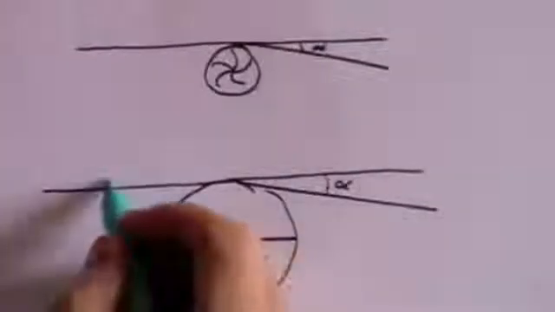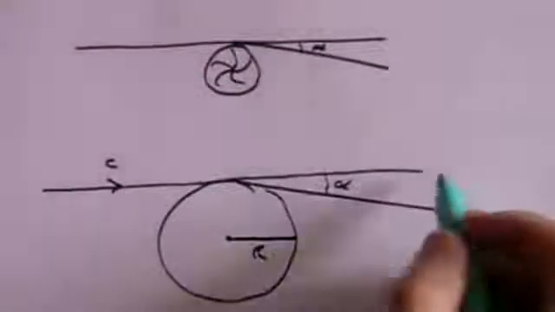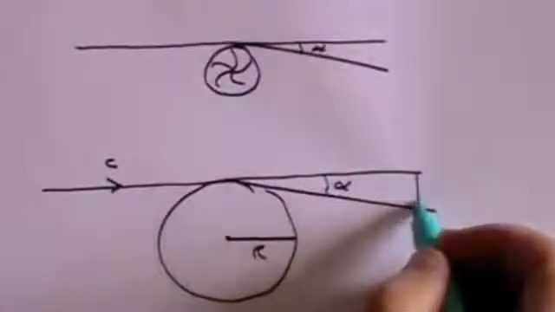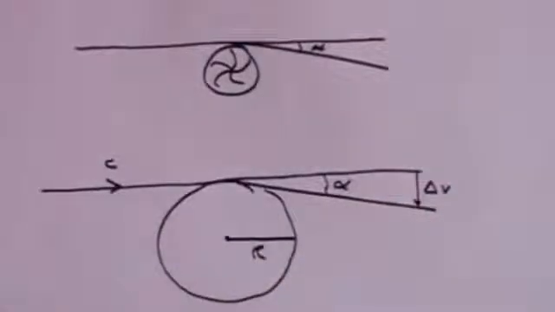This means that a photon travelling at velocity c, the speed of light, has been diverted with a velocity delta v in that direction.